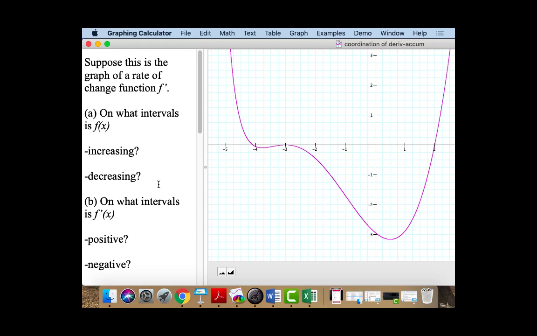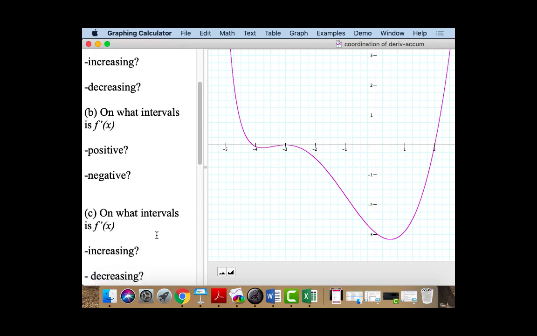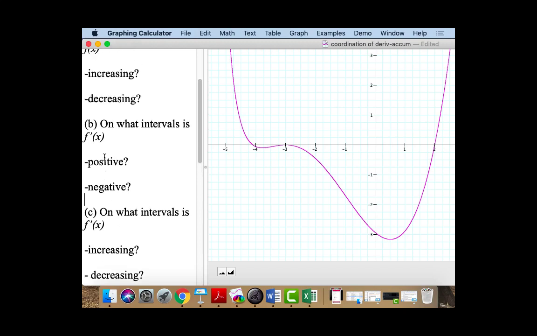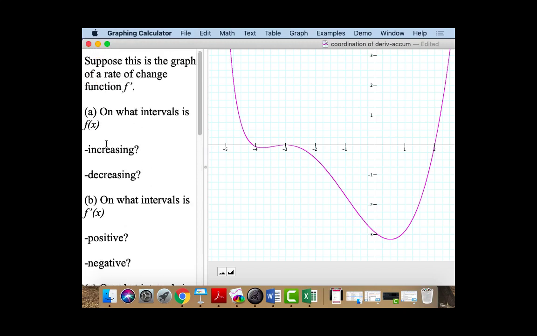On what intervals is f prime increasing or decreasing? And on what intervals is f prime positive or negative? So, 3 questions. Here, I'll take out some spaces, maybe be able to see these all in the same view. This is f prime.